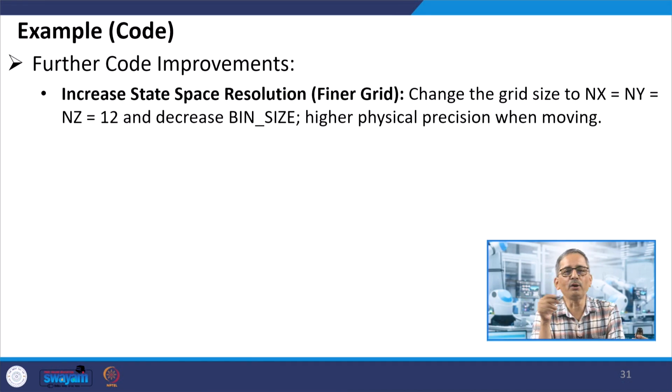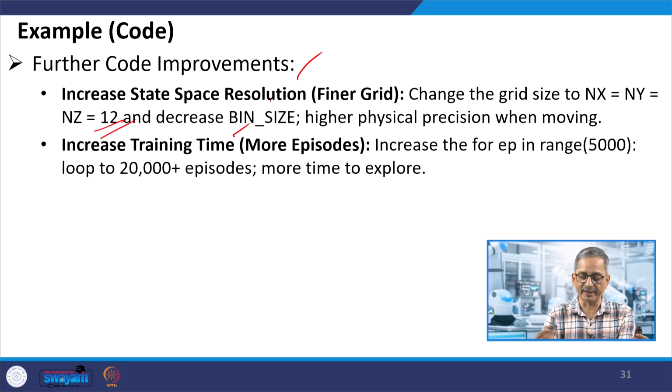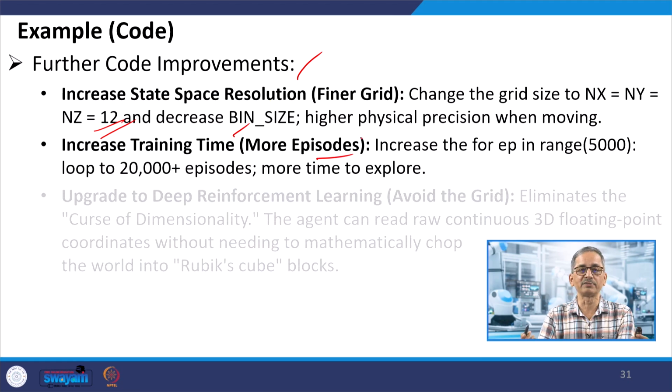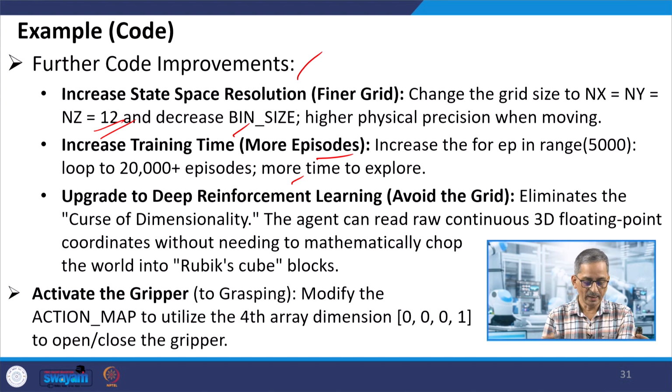We could further improve the code by increasing the state space resolution. Instead of an 8 cross 8 cross 8 grid, we can take the size of the grid to be 12. We can increase the training time with more episodes, we can upgrade to deep reinforcement learning, and we can activate the gripper.